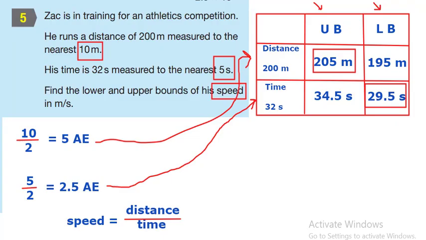This means we divide 205 by 29.5 to get the biggest or the maximum speed.